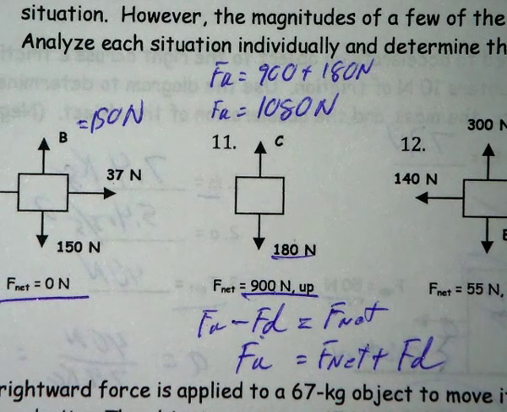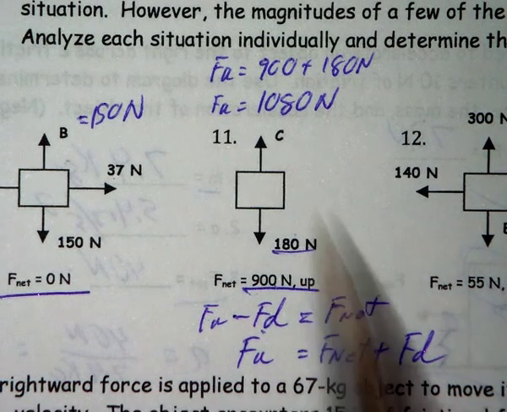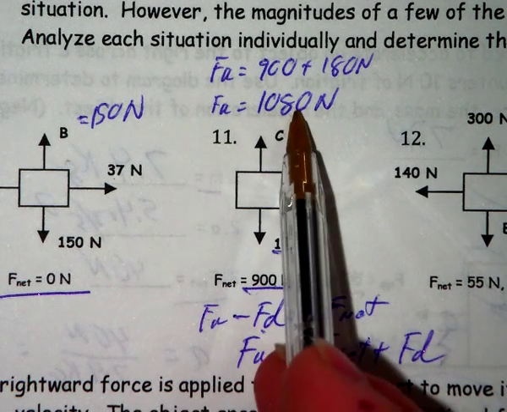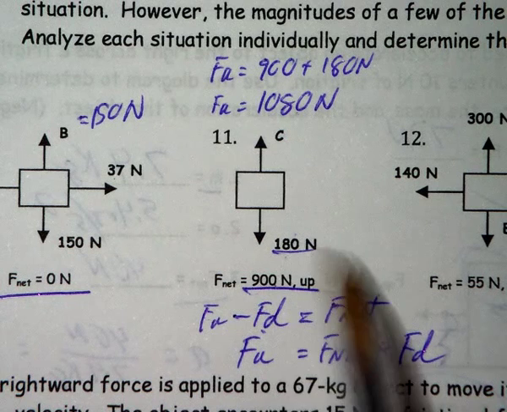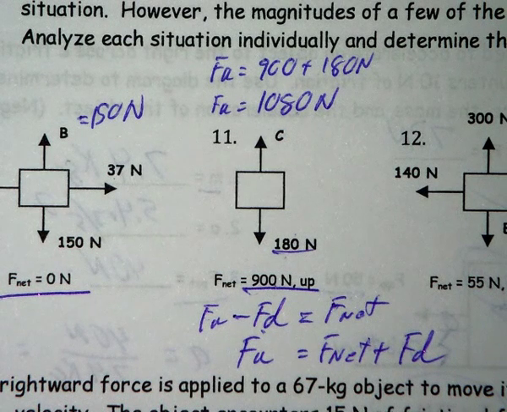Yeah, but if it's 900 going up, the top number has to be really big, so that if it's minus 180, it's going to equal that. Right. So if I take this top number of 1,080 and I subtract 180 from it, then I get 900. Okay?